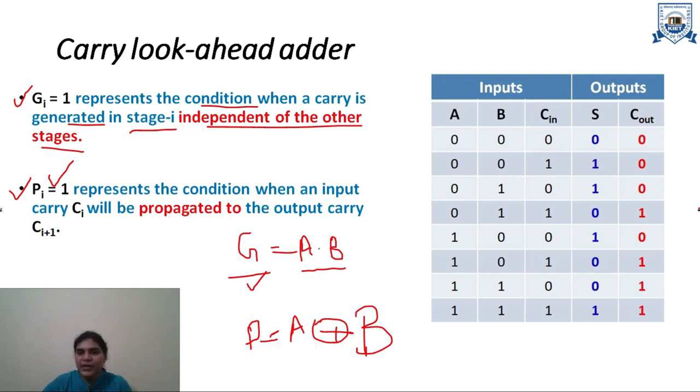So as you can see in this truth table, in the final carry output there are 4 ones present.